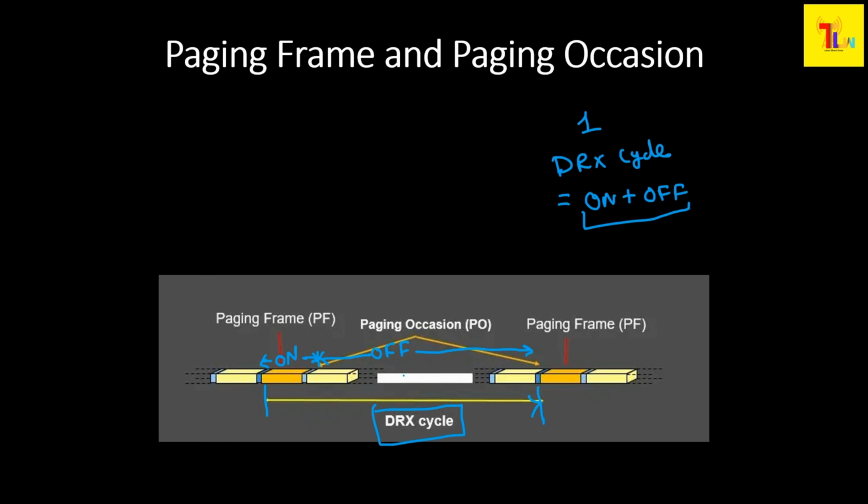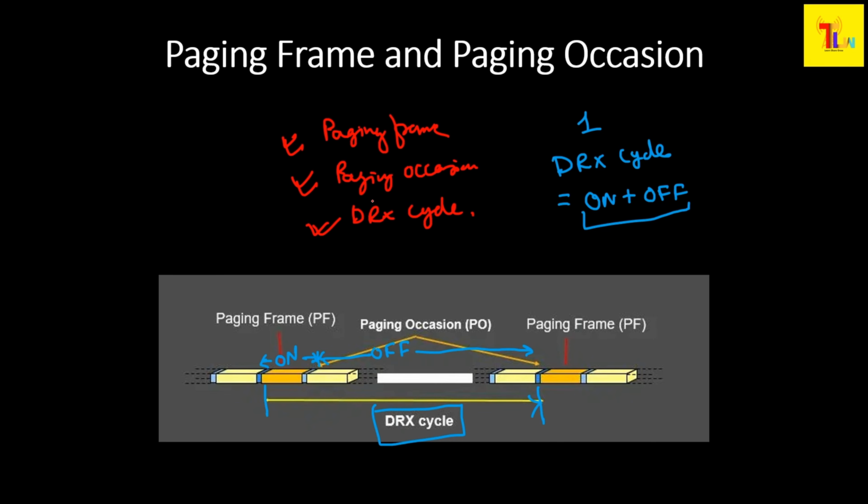So I believe you are able to understand all these three things: paging frame, paging occasion, and the DRX cycle. So this is the fundamental, or this is the definition. By definition we call it these three things.